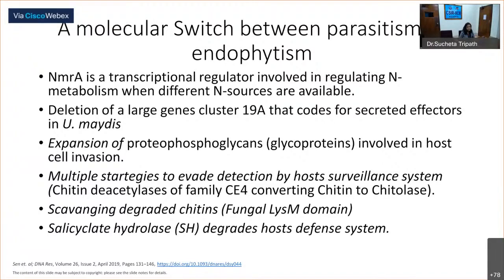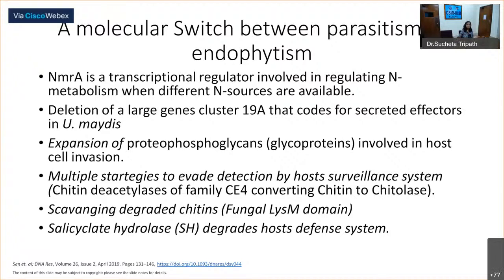And also the plant's first-hand defense mechanism is something called the salicylic pathway, which degrades the pathogen. But Rhodotorula has evolved a mechanism in which it degrades salicylic acid by producing an enzyme called salicylate hydrolase. Thus, it can enter into the system.